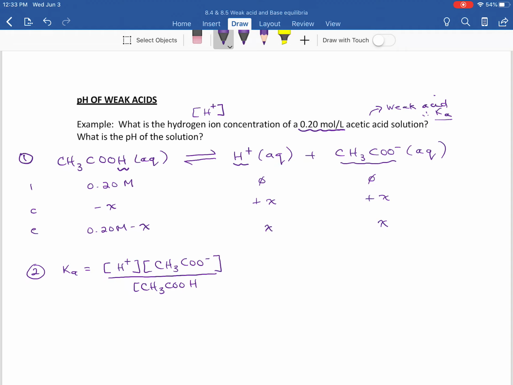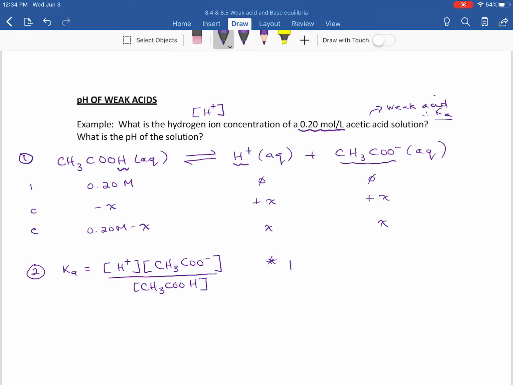Okay, so now that we've got that, what do we know? Well, first things first, you need to know what Ka is. And there's a handy dandy reference table, and I'm just looking up the page here.